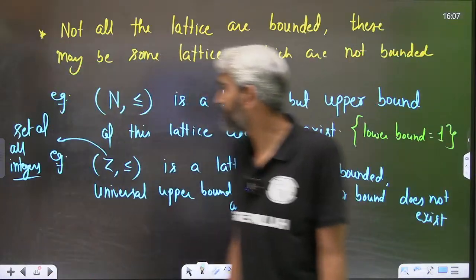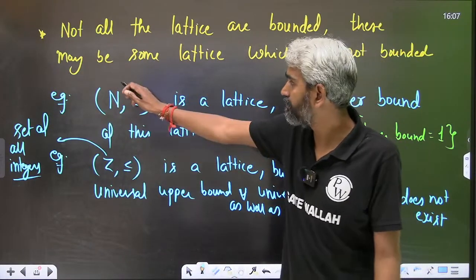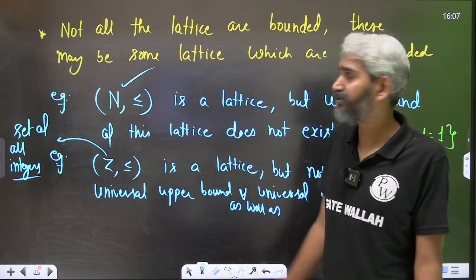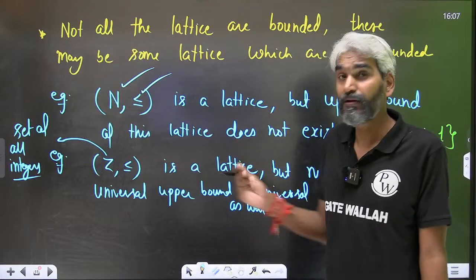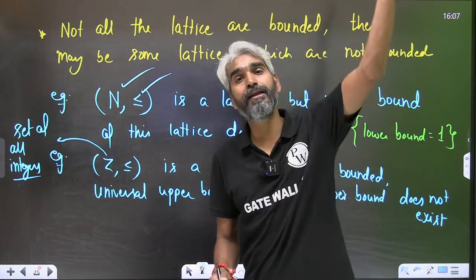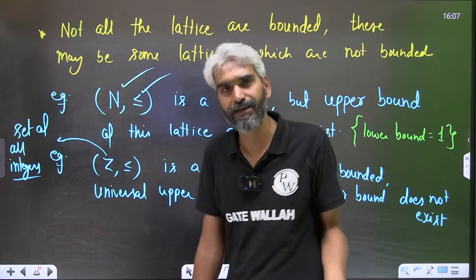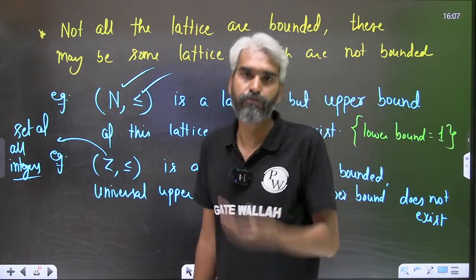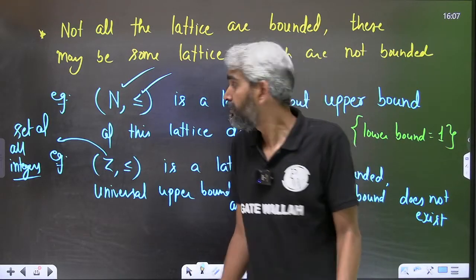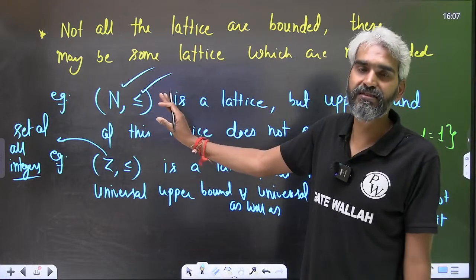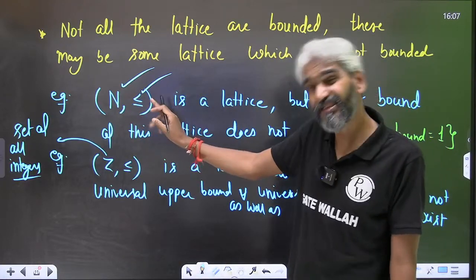Now, there are some lattices which may not be bounded. Let's assume that we take the set of all natural numbers with respect to the relation less than or equal to. Then there is no maximum element in the set of natural numbers. The largest natural number does not exist; it is unknown actually, right? So the maximum element will not exist in this particular lattice. Is it still a lattice?